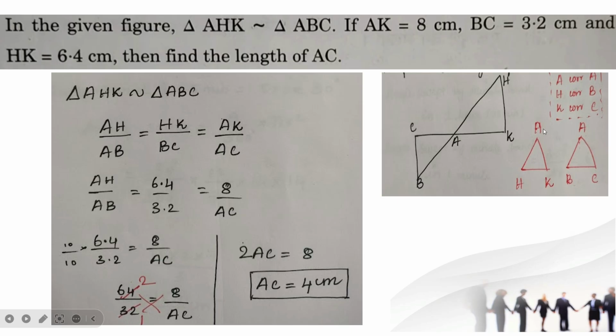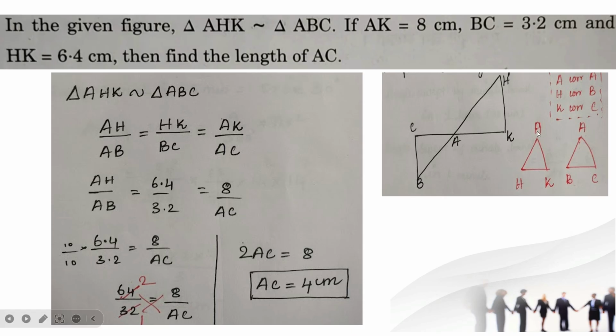While writing, you need to write exactly in the A place you should write A because A is corresponding to A, H is corresponding to B. The second position is filled by H, here B. K is corresponding to C. So while writing, A is corresponding to A, H is corresponding to B, K is corresponding to C. If you write this, you can easily frame this equation to find the value. That's why I am telling.